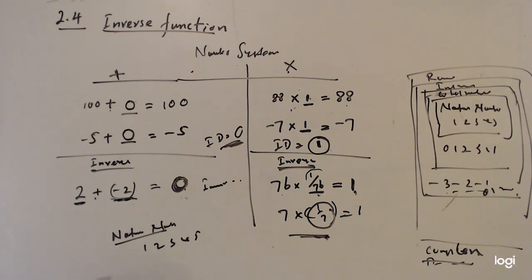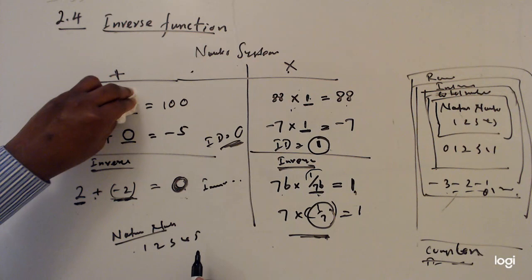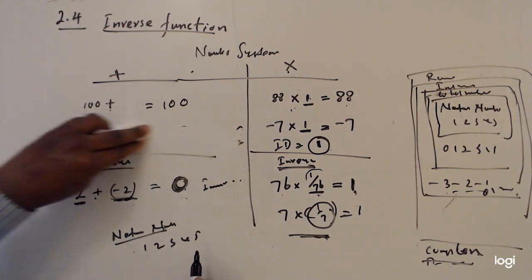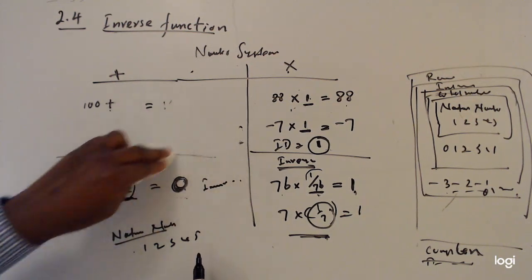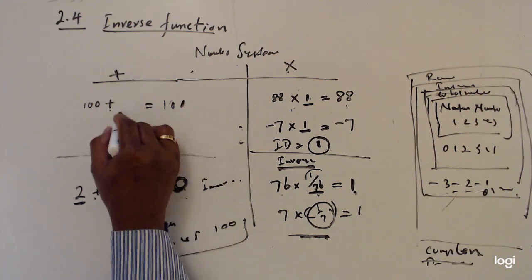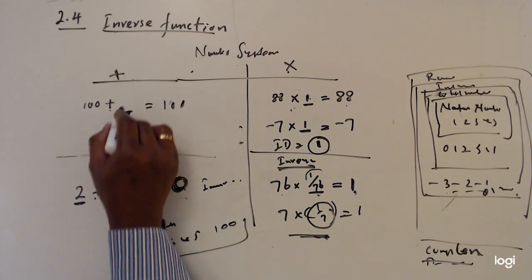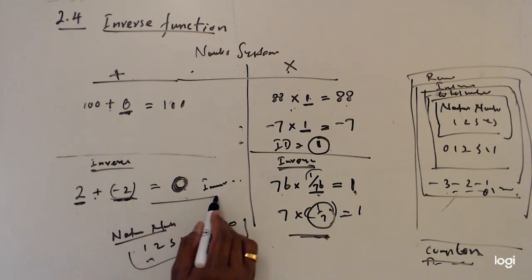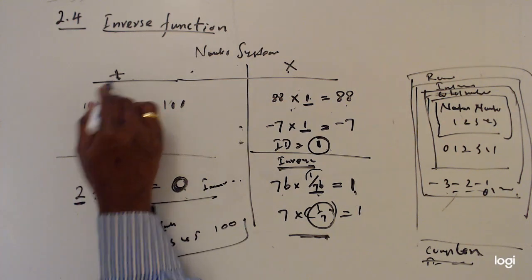If I consider there is no 0, then under addition it fails, because there is no ID. If you consider 100, yes, 100 is in this set, but to get 100 under addition, is there any number? No, there is no 0 here. So there is no ID. When there is no ID, there is no inverse under that operation.